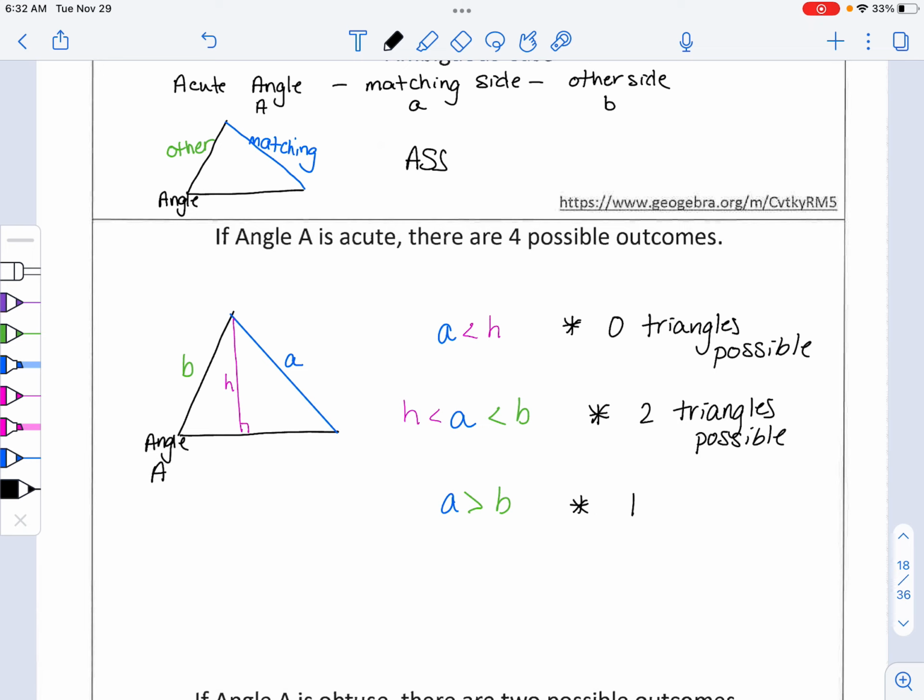This would be 1 triangle possible. And lastly, if your matching side is equal to your height, this would force this to be a right triangle, and therefore only 1 right triangle is possible.